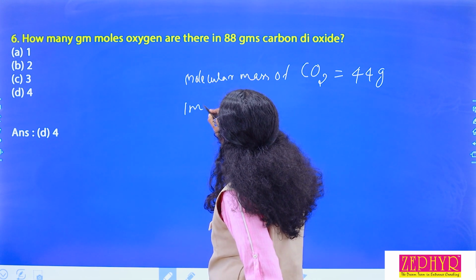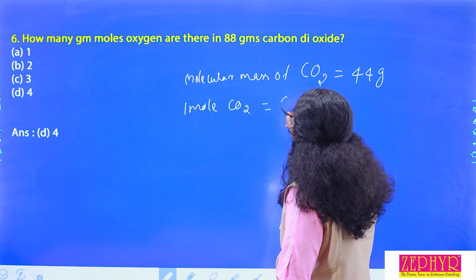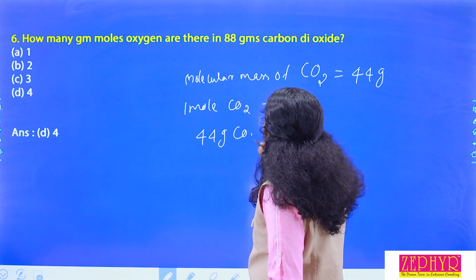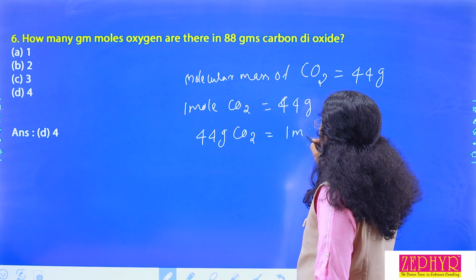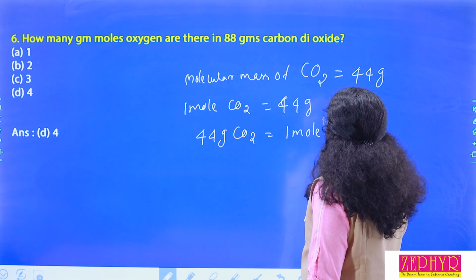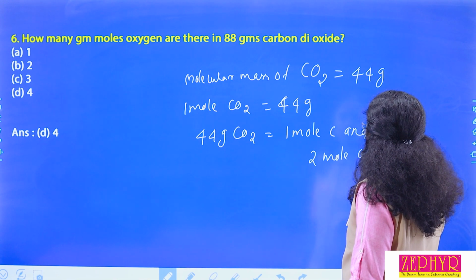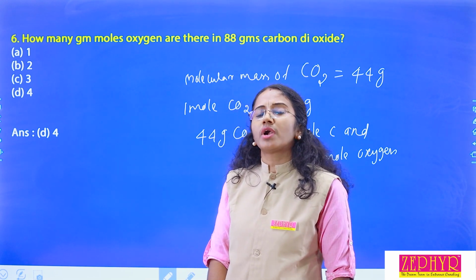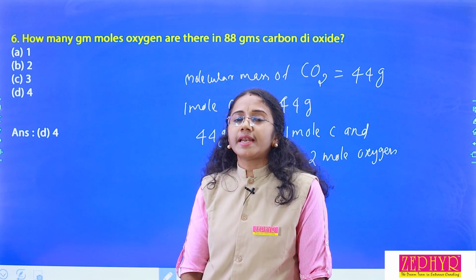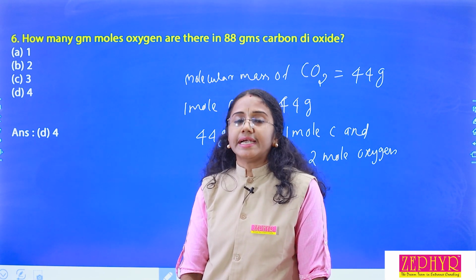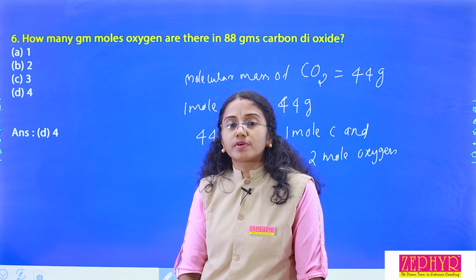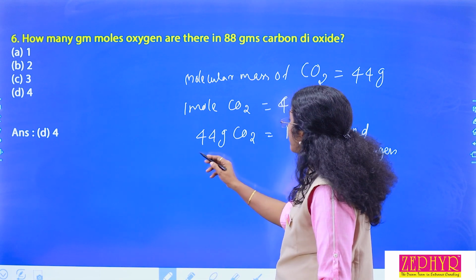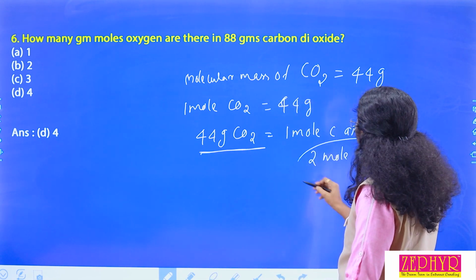So see, 1 mole carbon dioxide equals 44 gram. This 44 gram carbon dioxide contains 1 mole carbon and 2 mole oxygen, right? Again, 44 gram carbon dioxide contains 2 mole oxygen.